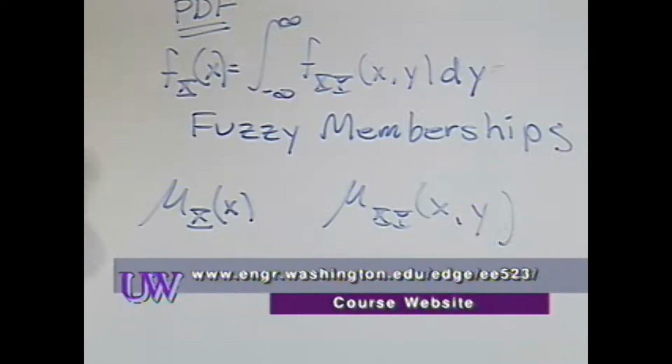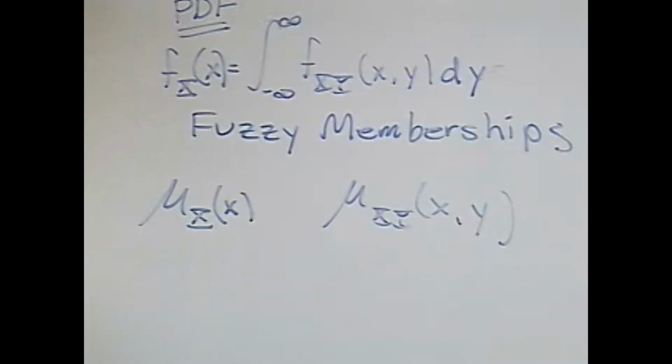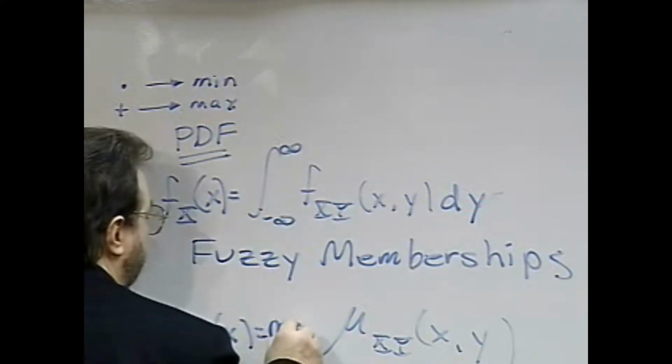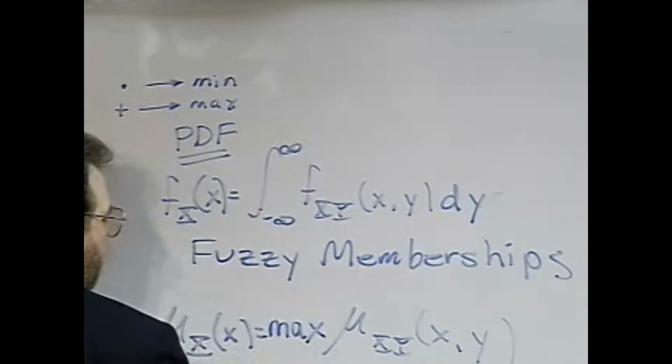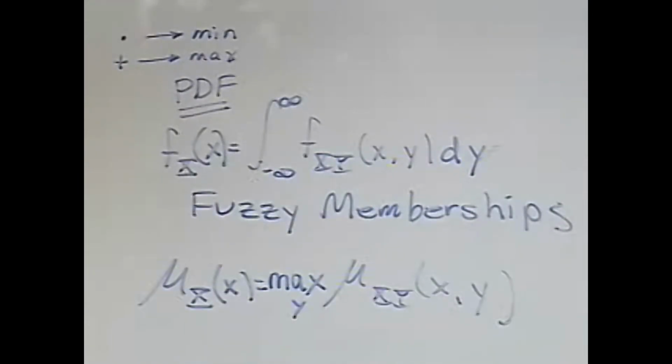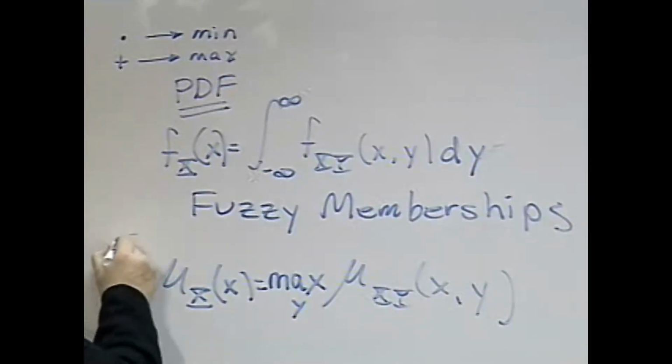Now, if we follow here, and we replace the multiplication by minimum and the plus by maximum, what we actually get here, instead of the integral, which is kind of like what? A summation, right? It's a continuum sum. And indeed, what we get here is a maximum operation, a maximum operation over all values of y. So this is what I'm going to refer to as kind of the shadow.